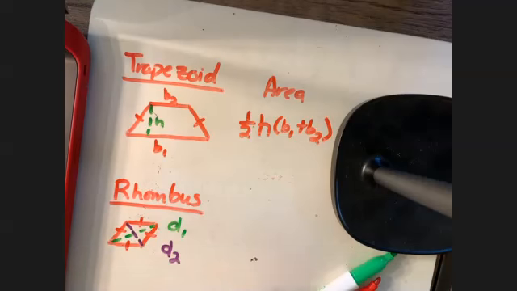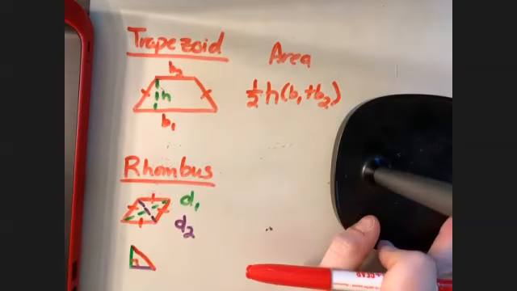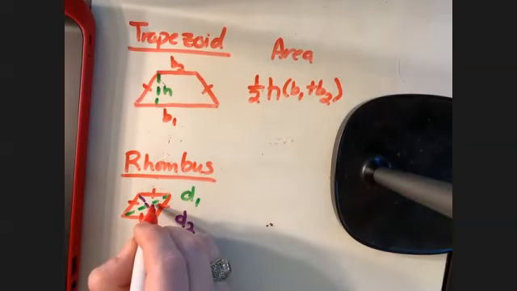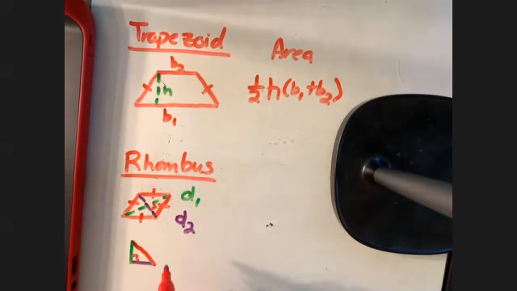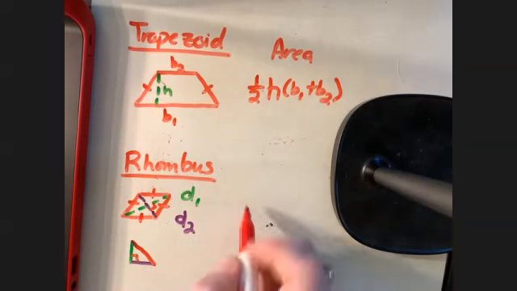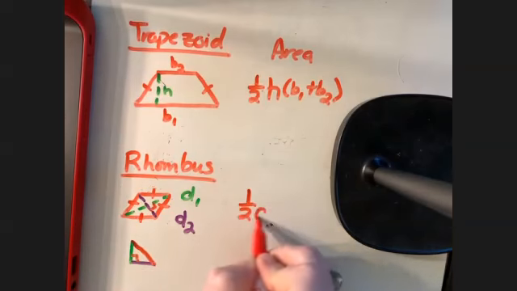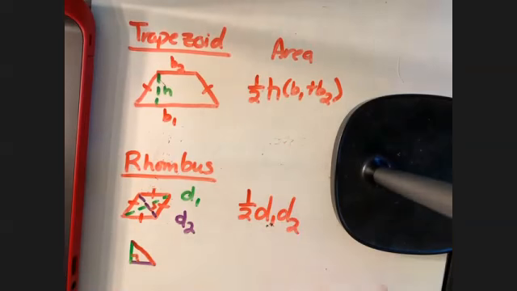Now, with this, okay, you have to remember that we did have this little right triangle thing that would have been going on right here, okay? And I zoomed it out here, where this is half a diagonal 1 and half a diagonal 2. Now, area formula for this was 1/2 D1 D2.